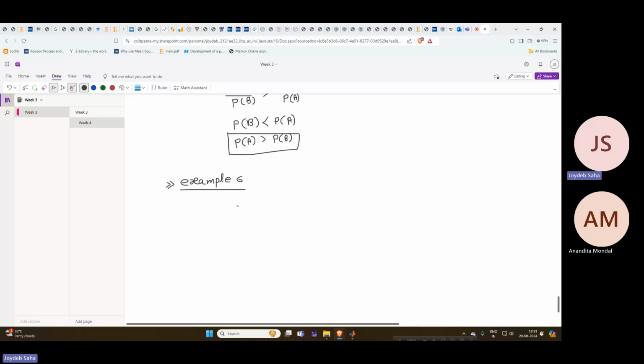A and B are two events, and S is the sample space. These are events, and this is the sample space.